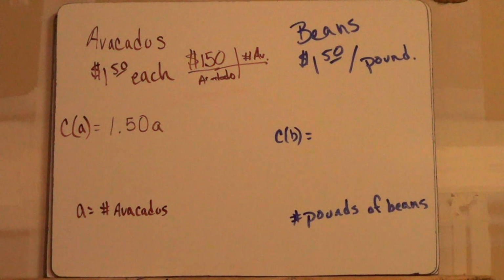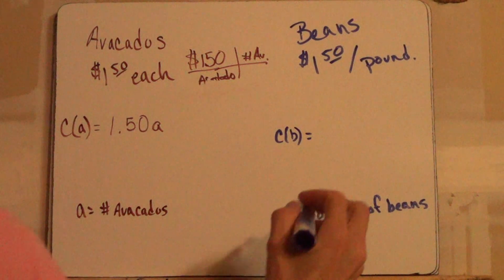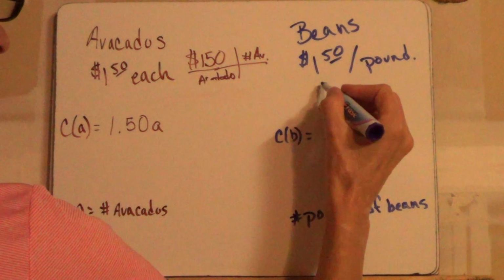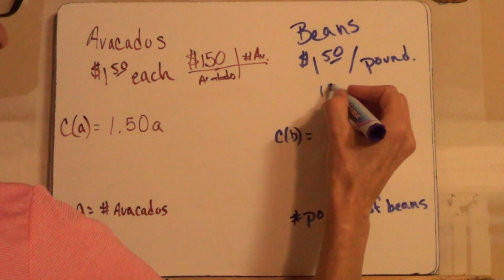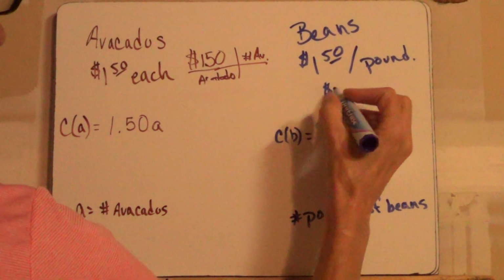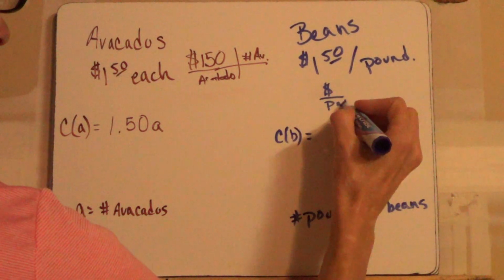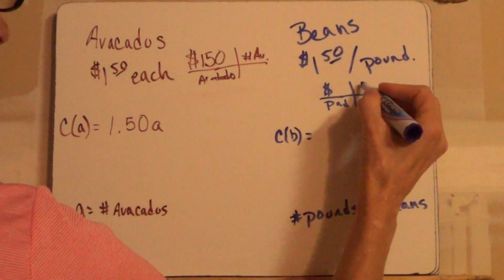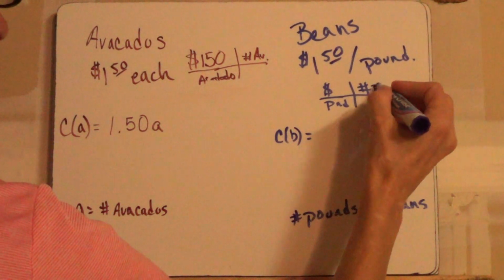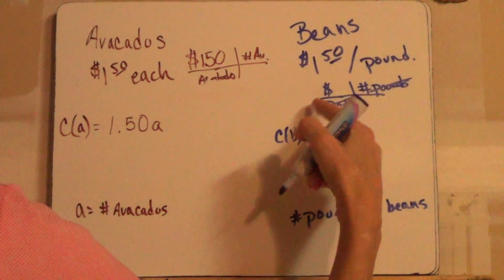Now beans are being sold for $1.50 a pound. So again, with unit analysis, if we have $1.50 per pound, then we would have to multiply by the number of pounds to cancel our pounds out and just have dollars.